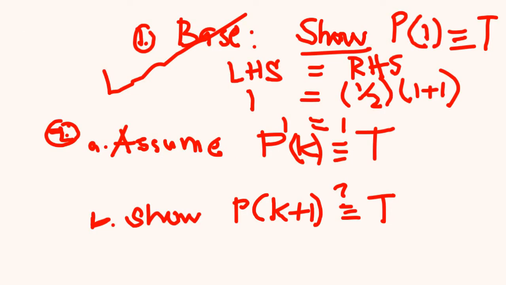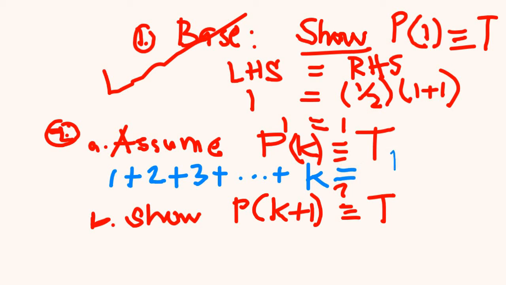So we are going to assume that 1 plus 2 plus 3 and so on up to k is equal to, again k is an arbitrary number, k over 2 times k plus 1.